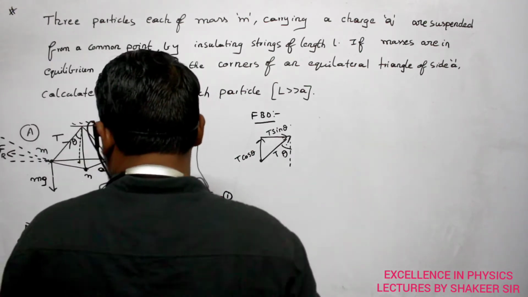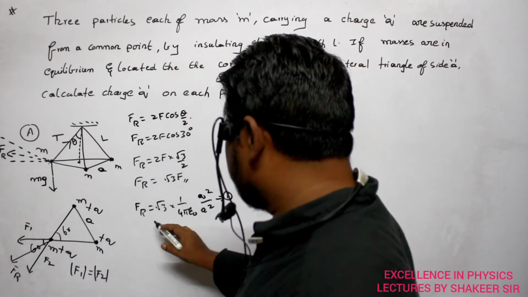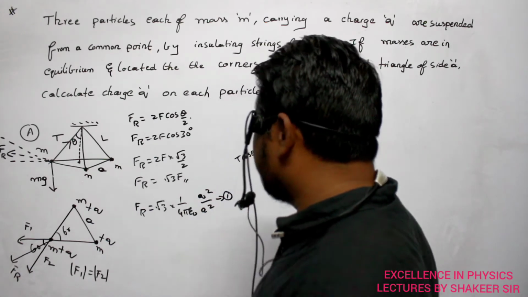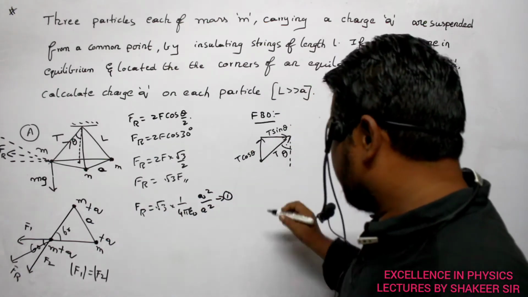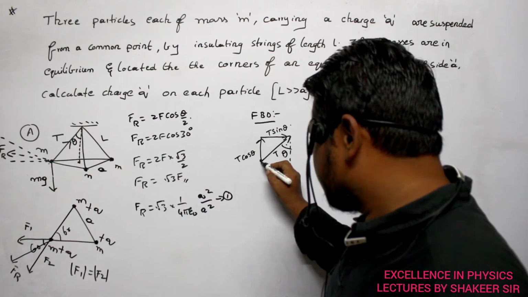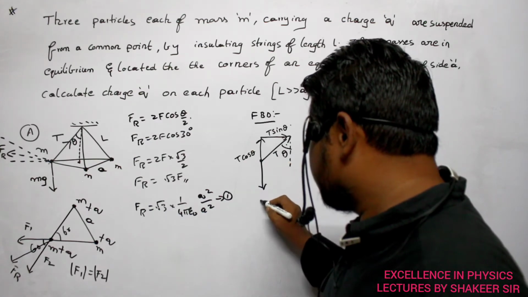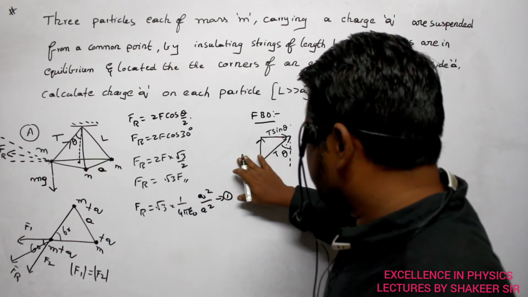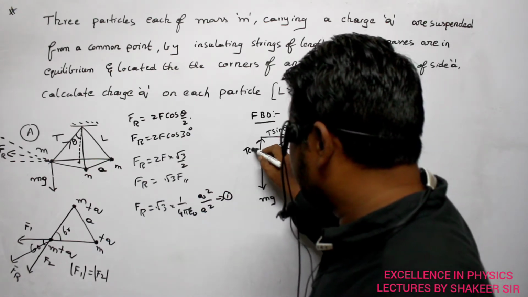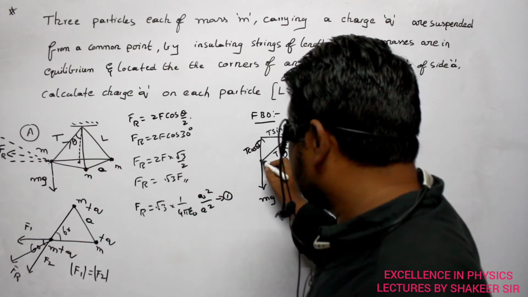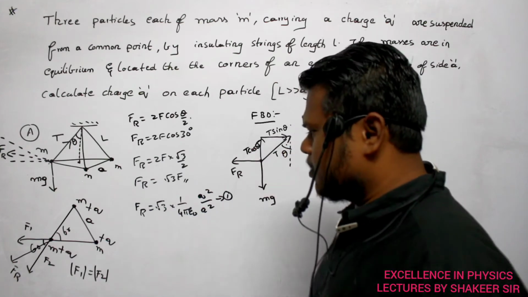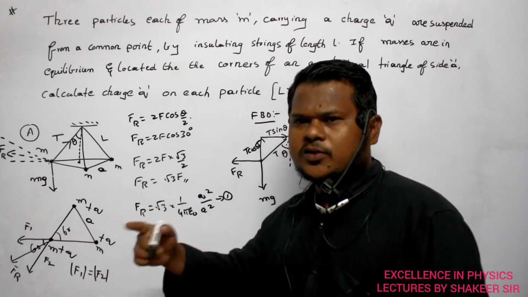Okay. So the resultant force we have already calculated, no? Root 3 into 1 by 4 pi epsilon naught q square divided by a square. Clear? And what is the one more force which is acting? One more force is the weight of this mass, which is equal to mg. Clear? So this is T cos theta, and this should be the force of repulsion because of the other two charges.